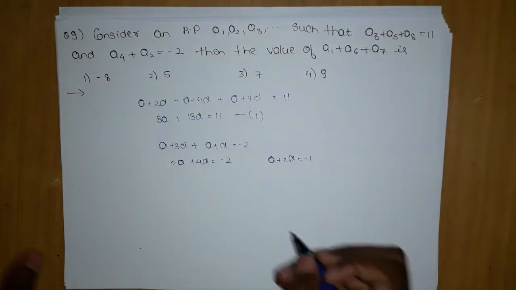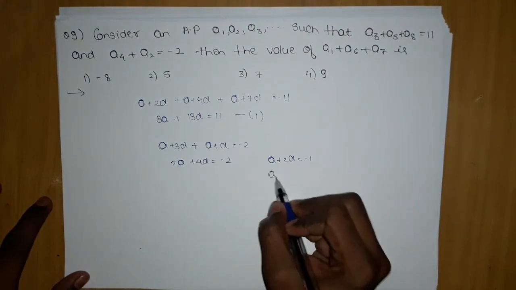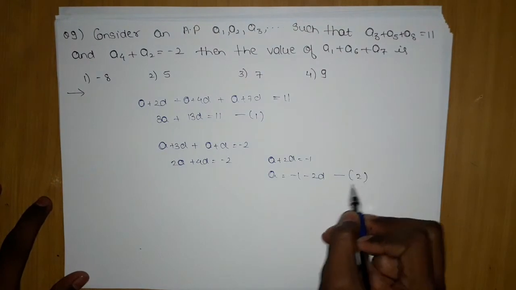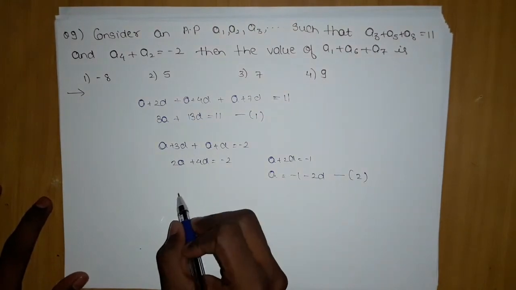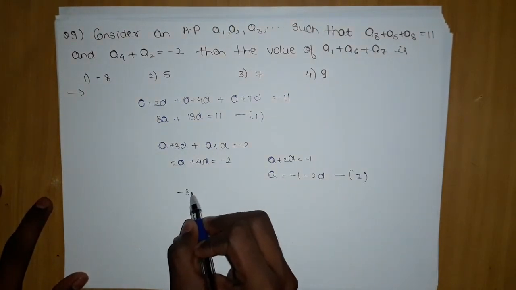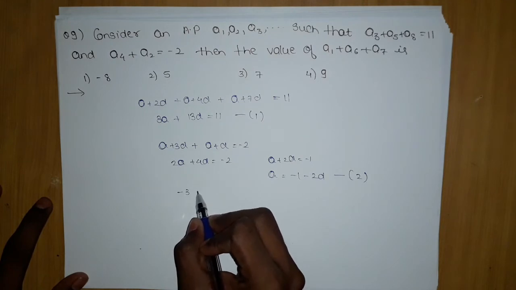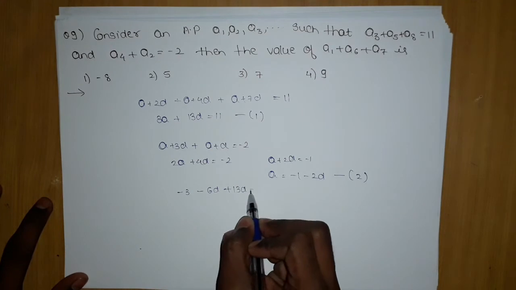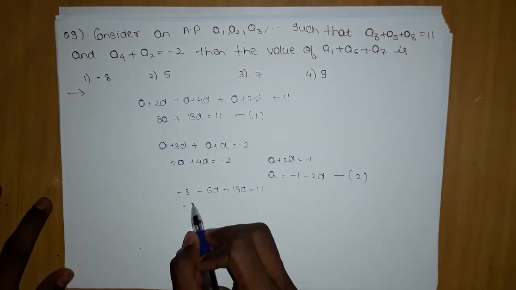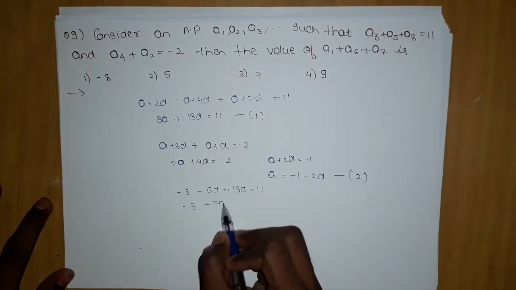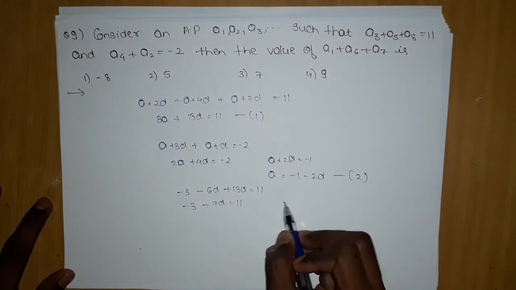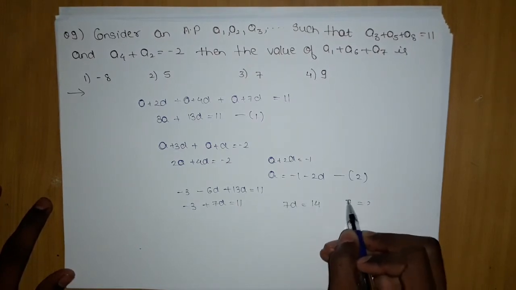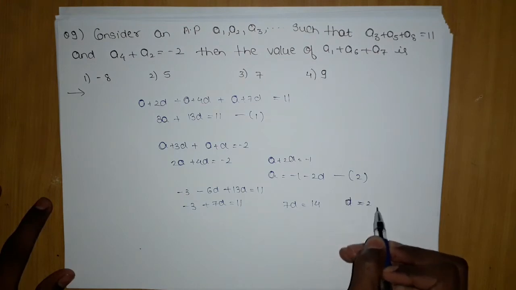So we get a = -1 - 2d. Now let's put this value of a in the first equation: -3 - 6d + 13d should be 11, which leads to -3 + 7d = 11, giving 7d = 14, so d = 2.